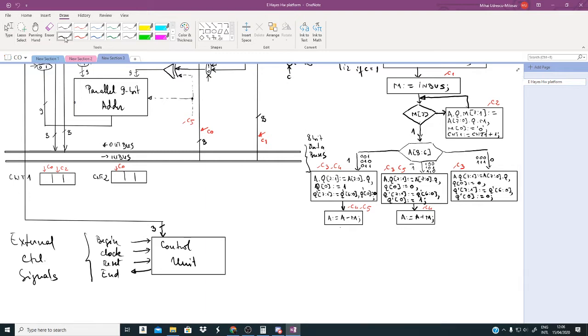Right. So we're going from here or here or here.